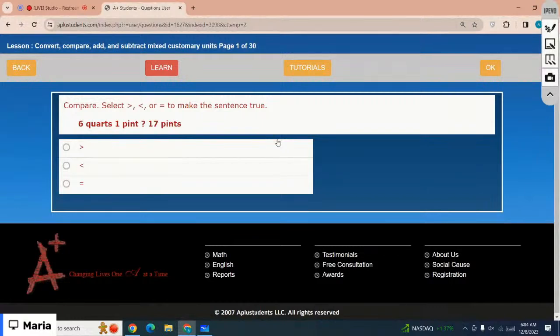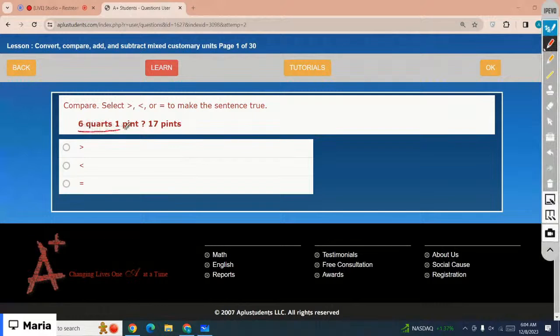Okay, compare. That is a compare between quarts and pints, right? Whenever you compare a value, they must be in the same unit. Let's convert them into the same unit first. Here you have 6 quarts and 1 pint, right? We know that 1 quart equals 2 pints. So here you have 6 quarts, 6 times 2 equals 12 pints, and you already have 1 pint here.